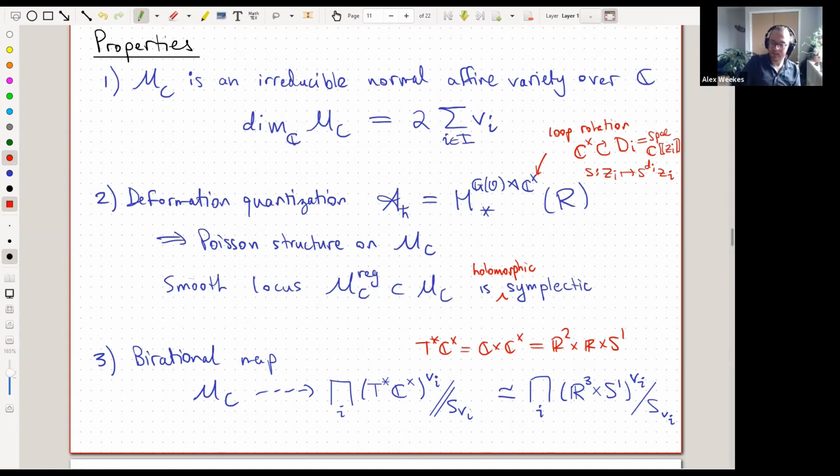And this is meant to be reminiscent of the usual classical picture of Coulomb branches without quantum corrections. You normally get some calculation which looks like this. And so what we're thinking is that this Coulomb branch that we've defined is somehow the quantum corrected object.